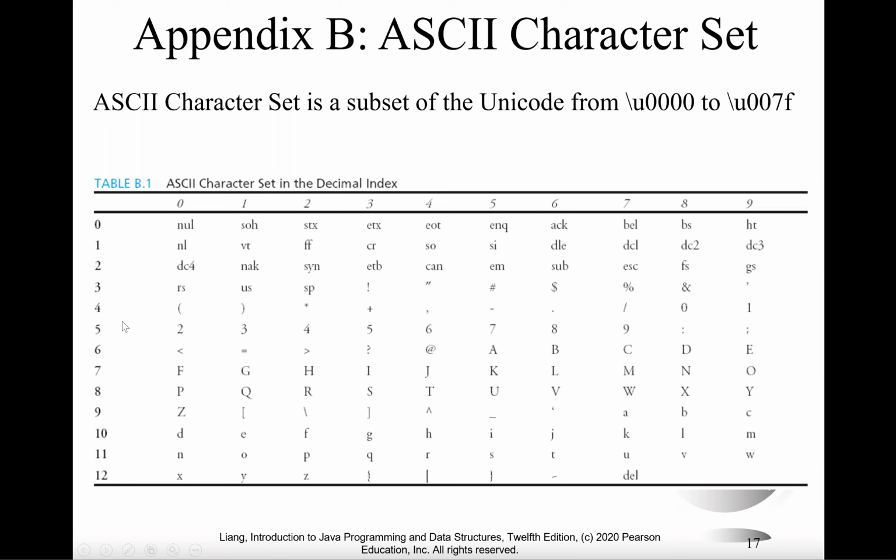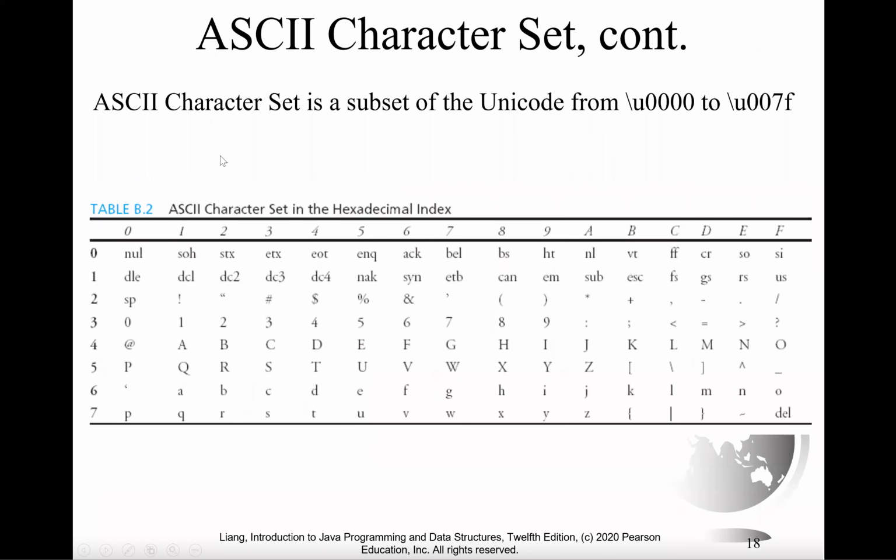Let's look at this in decimal values. Here in decimal, uppercase A is 65. In this table using hexadecimal, it is 41 for uppercase A.